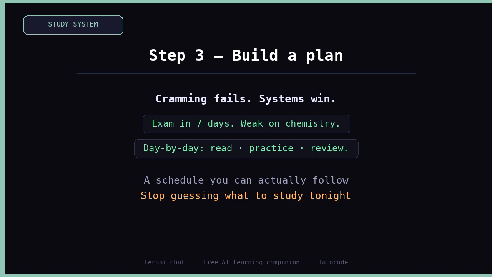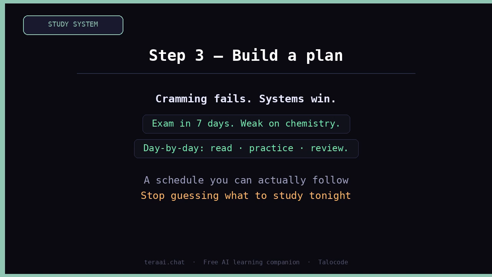Tera will give you multiple perspectives. You pick the one that resonates. This is how you find the explanation that actually makes sense to your brain. Everyone learns differently. One analogy might click for you that wouldn't work for someone else.